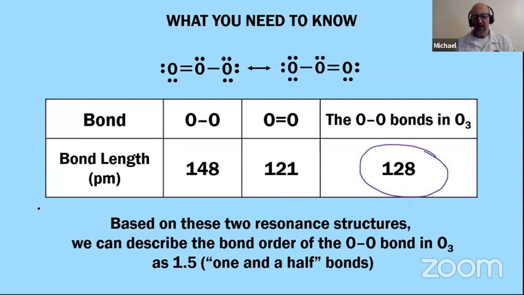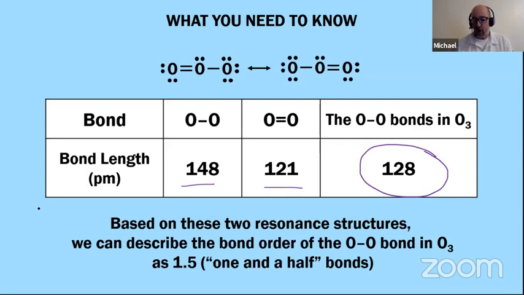What I'm showing you here is a table that has to do with bond length. Now, the O-O bonds, the oxygen-oxygen bonds in ozone have the exact same length. We do not have a short bond and a long bond. And because they are the same length, in this case, 128 picometers, take a look at a single bond and a double bond. You would not be surprised to discover that a double bond is shorter than a single bond.